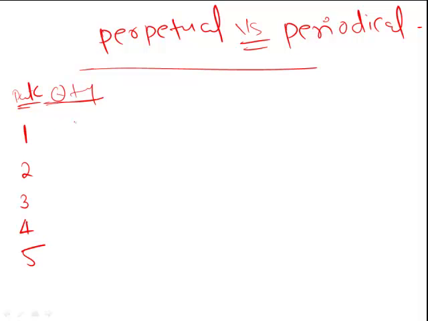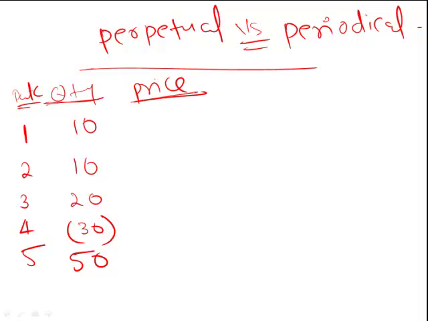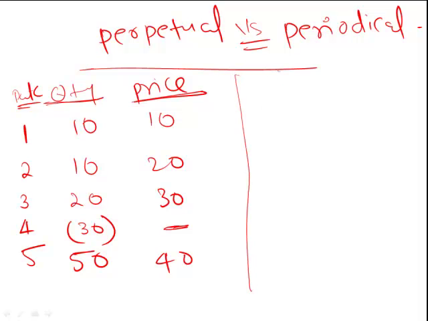Quantity purchased 10 units, 20 units, 30, 50 units. Price 10, 20, 30, 40. What does this negative number mean? It means quantity sold.